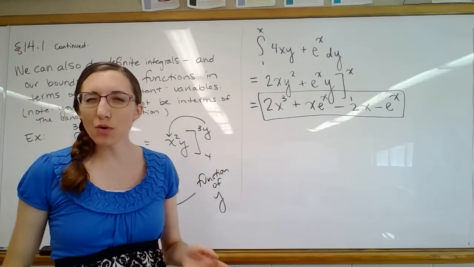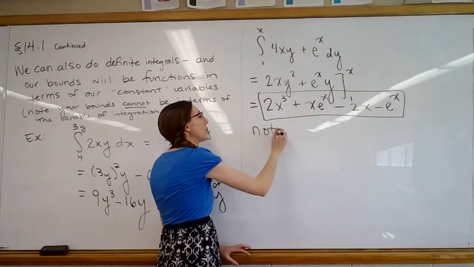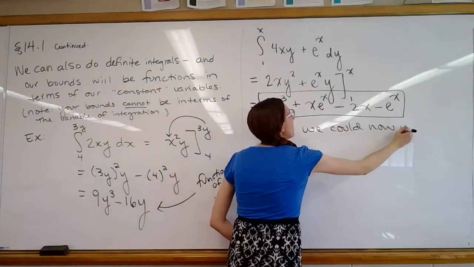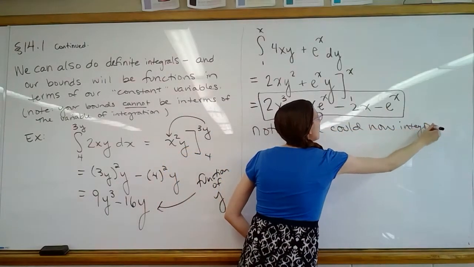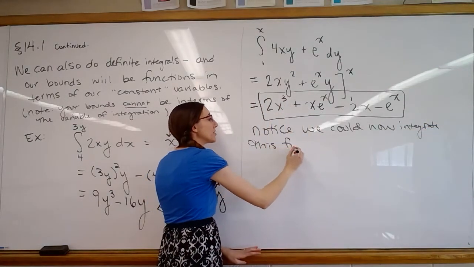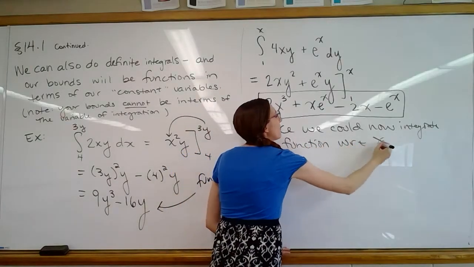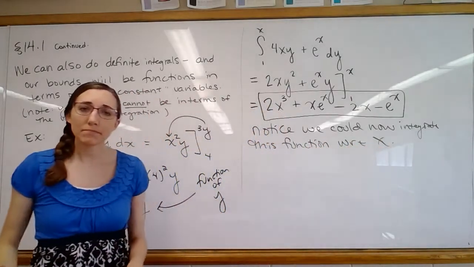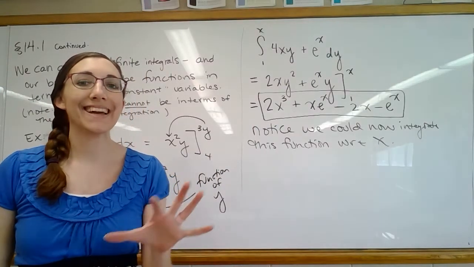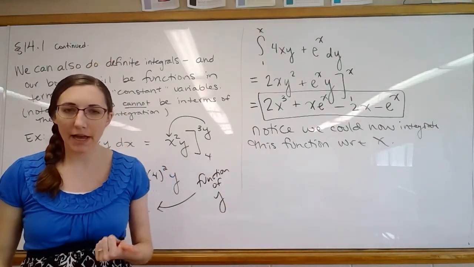Now, a cool thing that we can think about from here is that we could now integrate this function with respect to x, right? We got a new function, it's only in terms of x. We could now do a second integral integrating this function with respect to x.